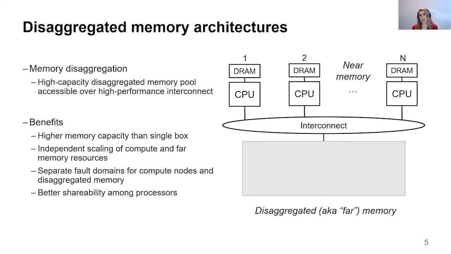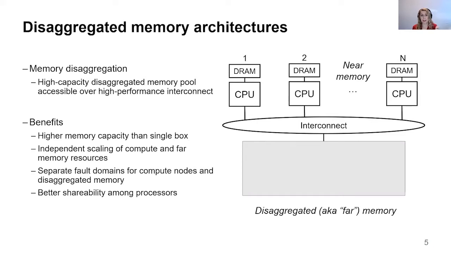These architectures also allow us to independently scale the compute from the memory system, both scaling as well as evolving the components over time. In order to add more memory into the system, we don't have to add another processor just to get its memory, even though we don't actually need the processor. Another benefit is that we have separate fault domains between the different components.